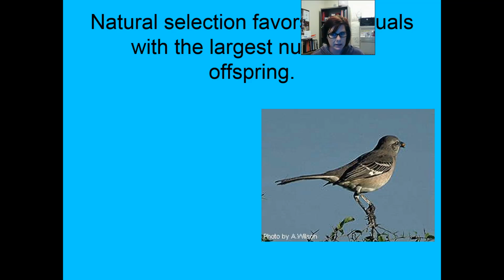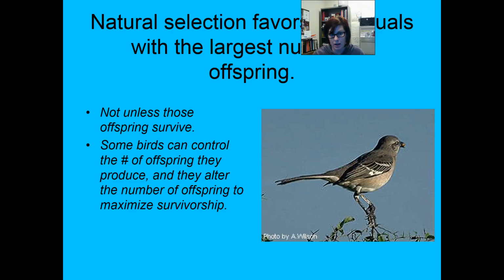Okay, natural selection favors individuals with the largest number of offspring. Well, that kind of sounds like what we talked about in the previous slide, but again, it's not about how many offspring you birth or how many eggs you lay, because are those eggs actually going to survive to hatch? It's not helpful unless those offspring survive. So we see that birds can control the number of eggs that they have.